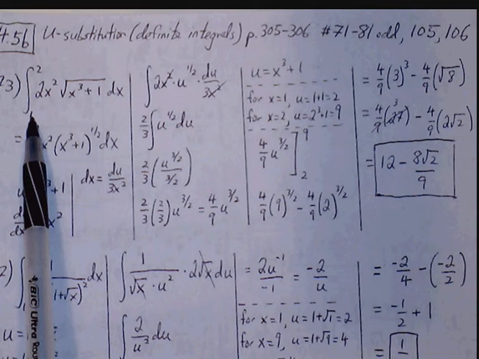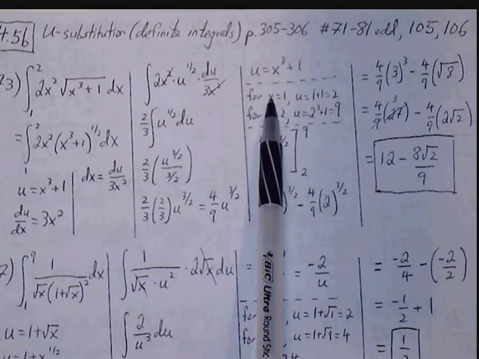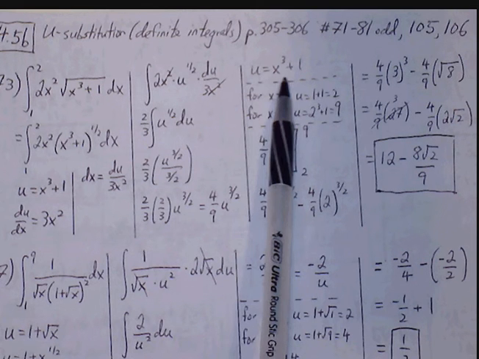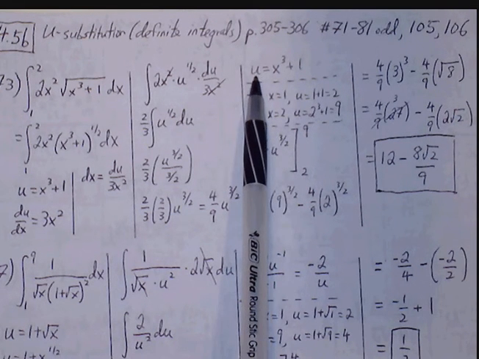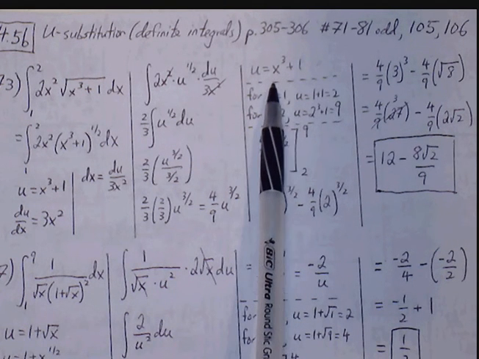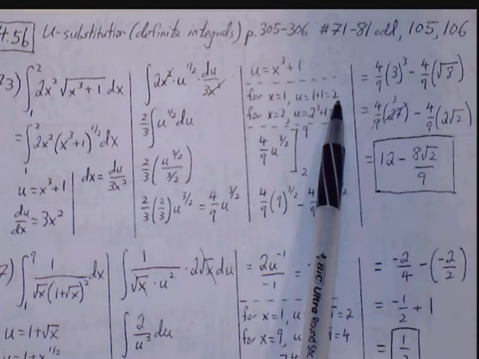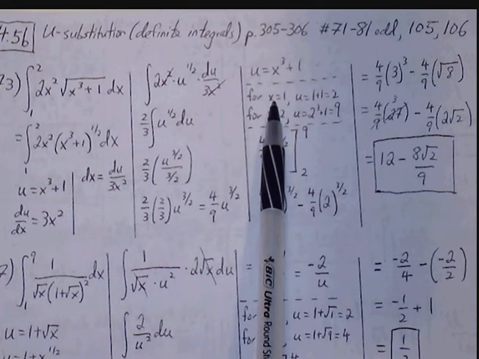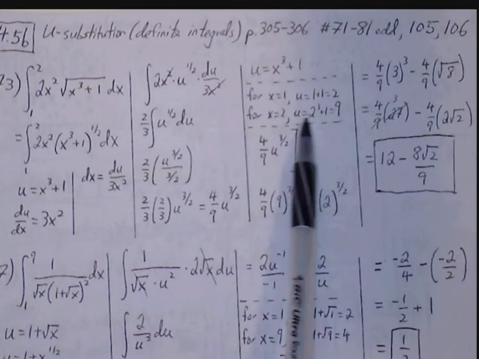Our lower bound initially was x equals 1, and now we're going to plug 1 into our value for u. So u is x cubed plus 1, so replace x with 1. So we get 1 cubed plus 1, which is 2. So our old lower bound is 1, but now our new lower bound is 2.